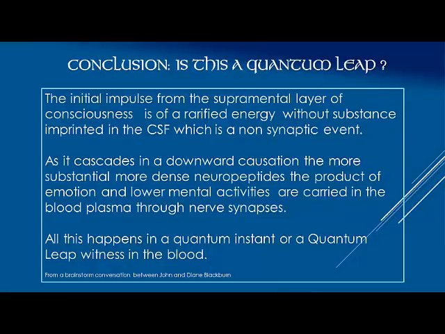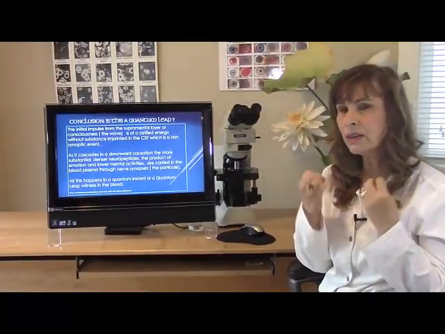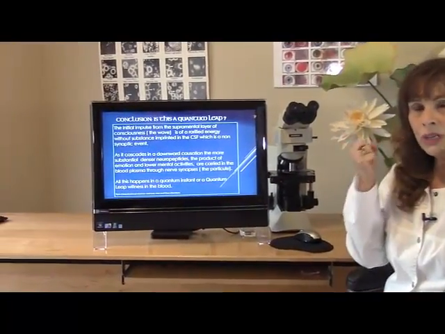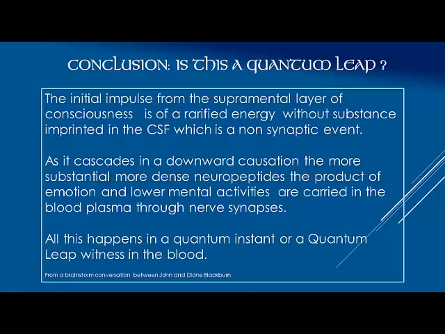And when this happens, the conclusion is we could say that a quantum leap, a quantum spark, this is how John calls it, occurs in the brain, where you see that brain firing, that moment of creativity, or that aha moment. The initial impulse from the supramental layer of consciousness, the wave, is of a rarefied energy without substance, imprinted in the CSF, which is a non-synaptic event.